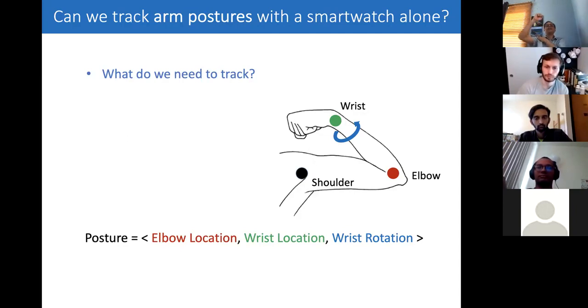So if I'm lying down versus I'm straight, with my arm like this, the arm posture will still be the same, because with respect to my shoulder, there's no difference. Make sense? Very good. So all of this I'm going to do with respect to my shoulder.